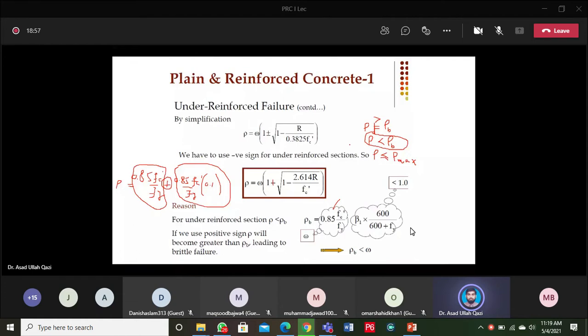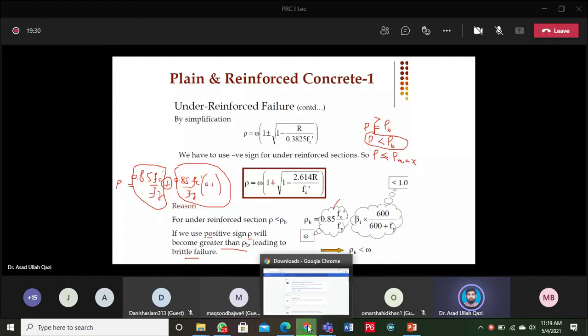So that is the reason we are selecting the rho from the first root of that quadratic equation, which is giving us the under reinforced tension controlled behavior. And I think in one statement it is also mentioned the rho will come greater than rho B, leading to brittle failure if we select the positive sign.